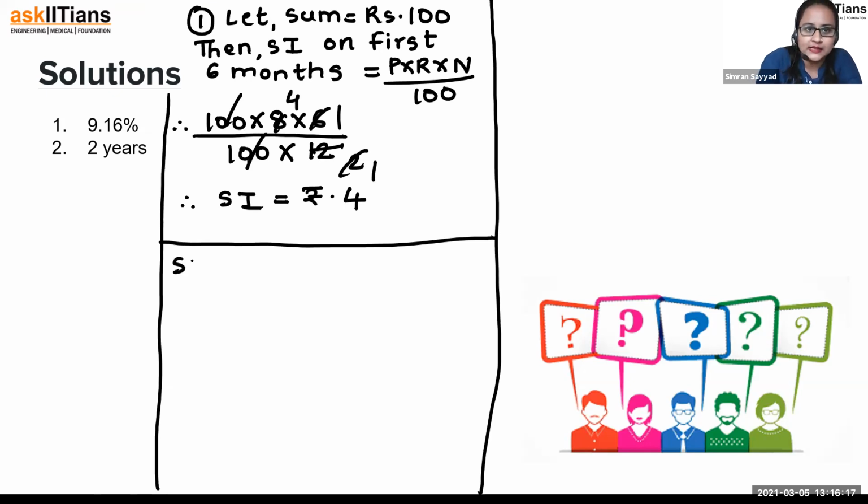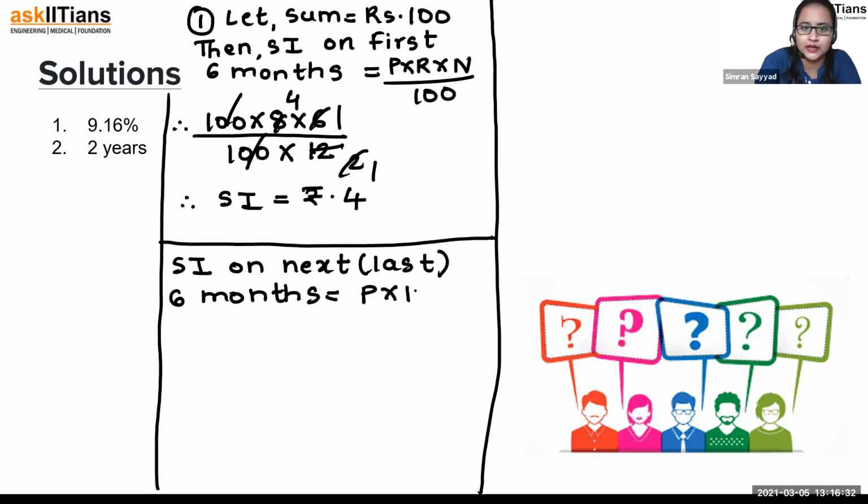Now, the simple interest on the next, or you can say last, 6 months. He's paying for 6 months now. Again, the formula is the same: P into R into N upon 100. What is your principal? Here your principal won't be 100, dear students. It is going to be 104, a new principal, because that interest will be added over here. The rate of interest is the same, 8.